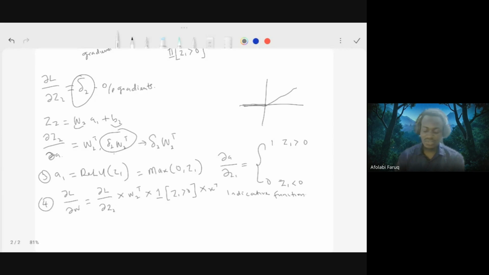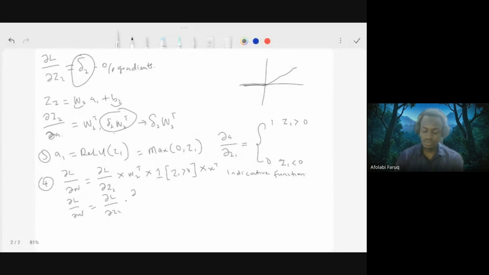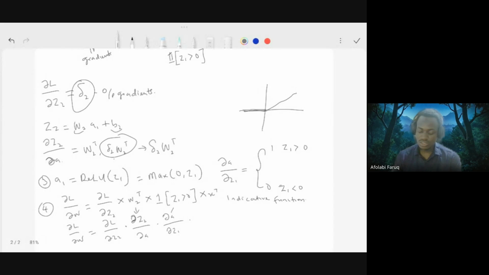So to mirror this, we can say ∂L/∂W equals ∂L/∂Z2 dot ∂Z2/∂A1 dot ∂A1/∂Z1 dot ∂Z1/∂W, which is this, right?